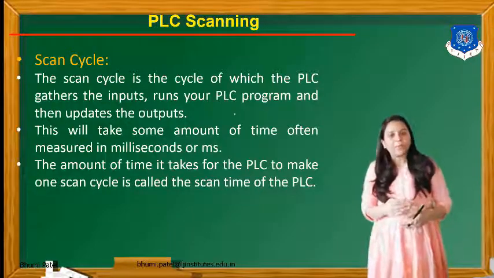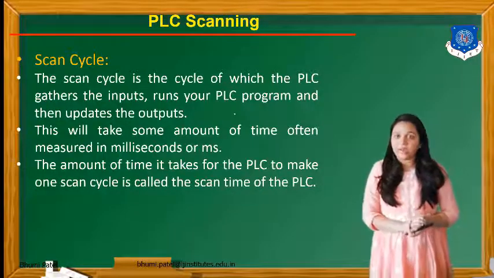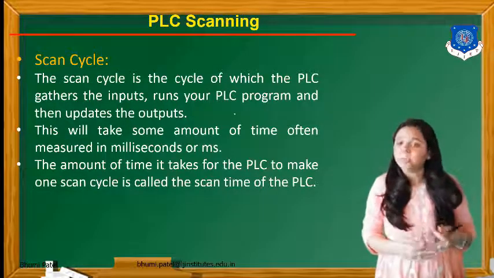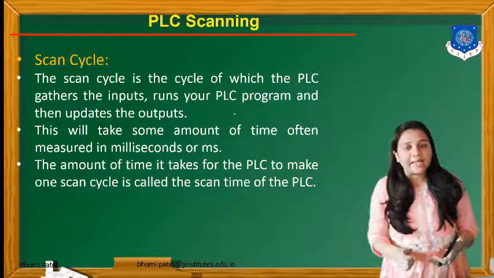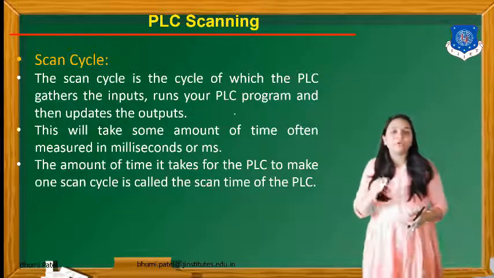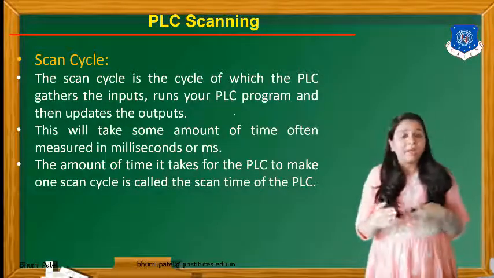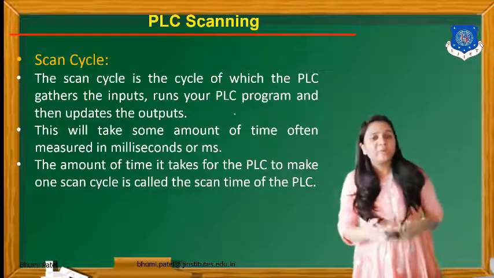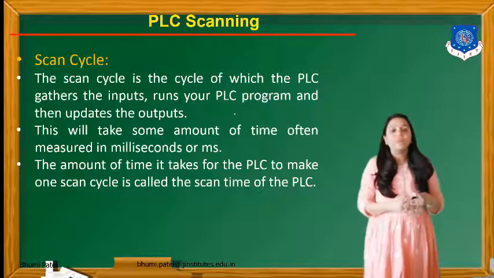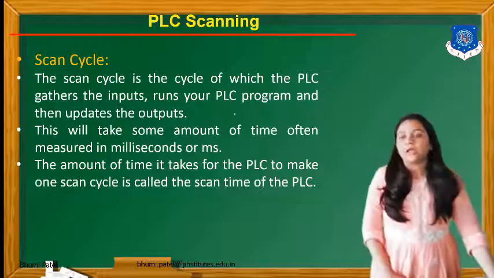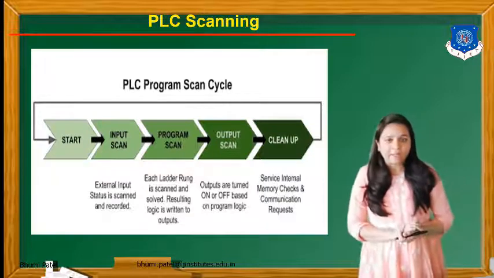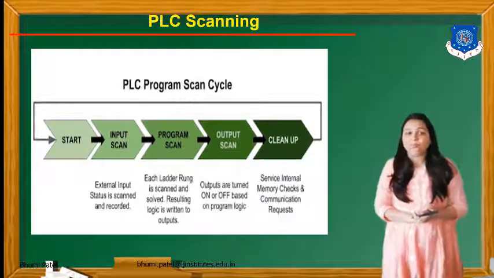Whenever we do programming in the PLC software and then update or run the program, we can get the scan cycle or scan time for that particular program. Depending upon the length and logic of the program, the scan time will be different. Clear?